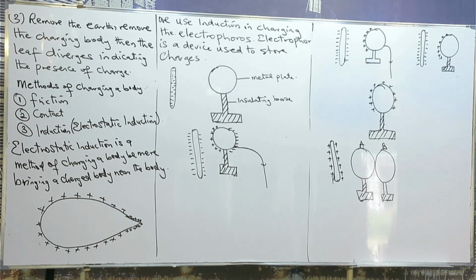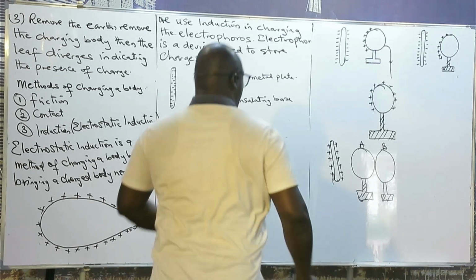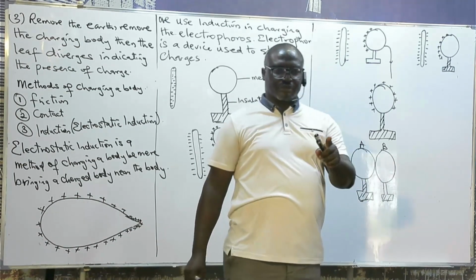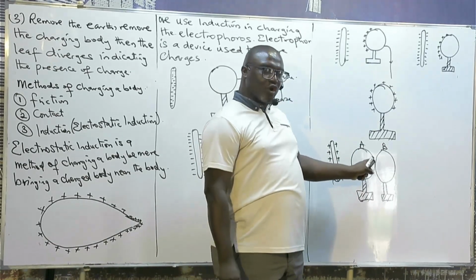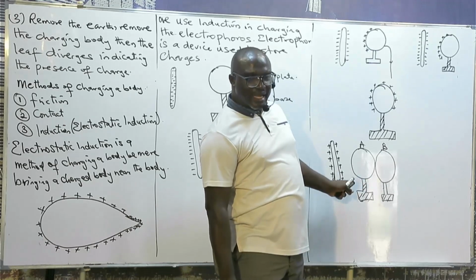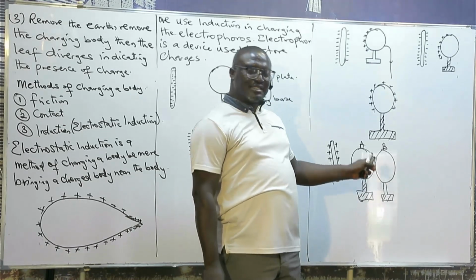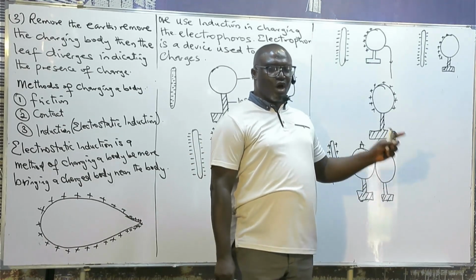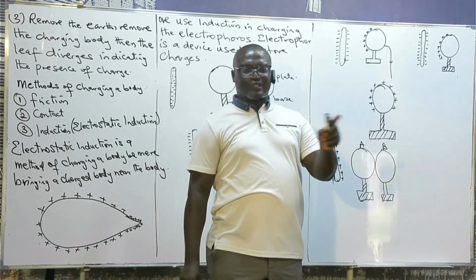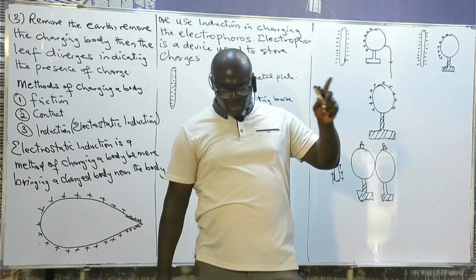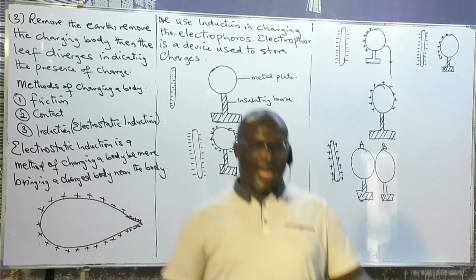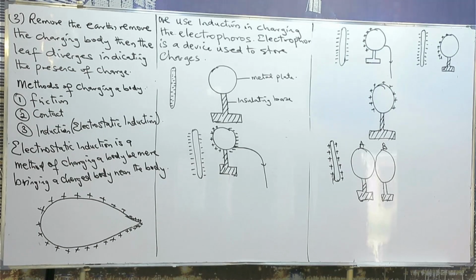Because of contact. Correct. He said that based on induction, A will be negative. And because B is in contact with A, once A is negative, because of the law of charges, then B will be positive. I say that he is correct.